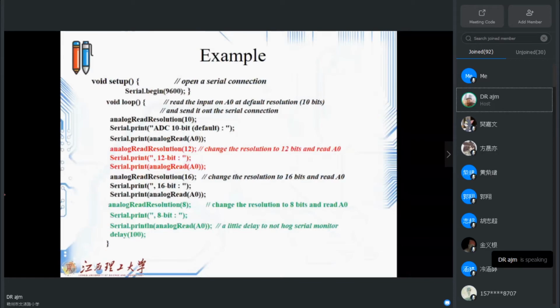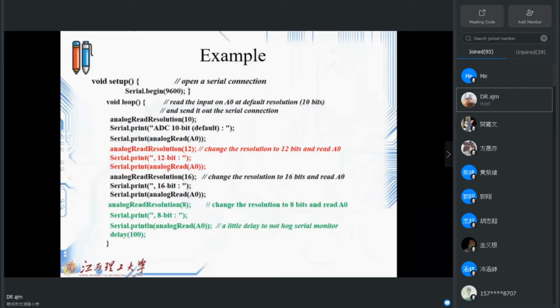Here, as the next stage, I try to show you how to access the different resolutions for the Arduino board, which can have 8-bit, 16-bit, 12-bit, and 10-bit resolution.